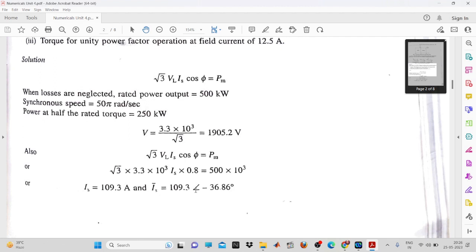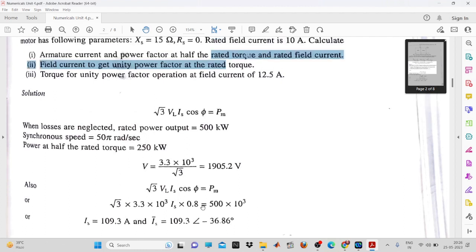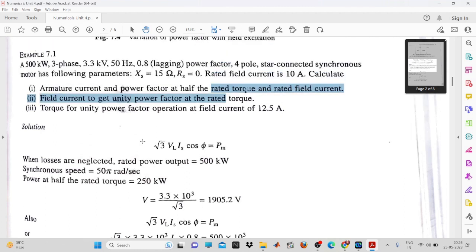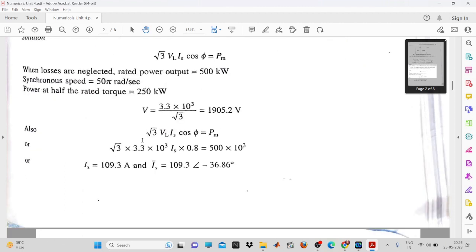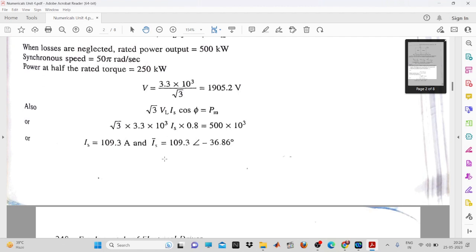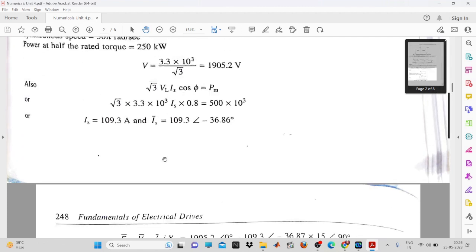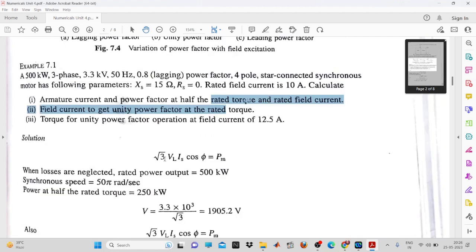If you want to write it in vector form, the voltage will be taken as the reference. The current is lagging, so that will be minus cos inverse of 0.8, since this is a lagging power factor and 0.8 is given. That will be minus 36.86 degrees. So now the current is calculated.